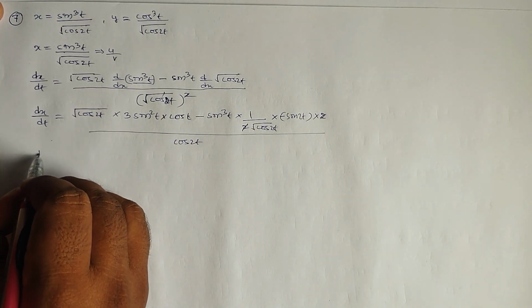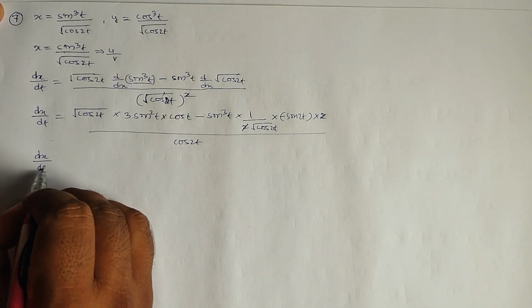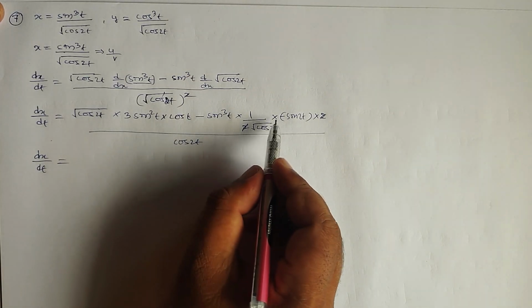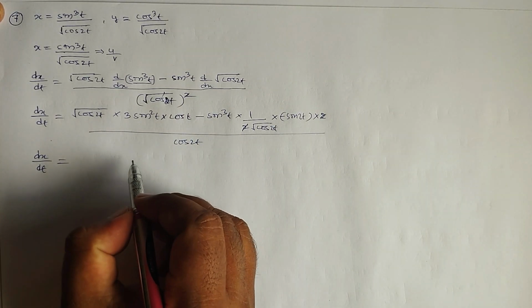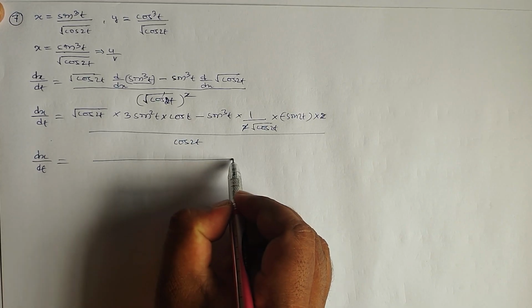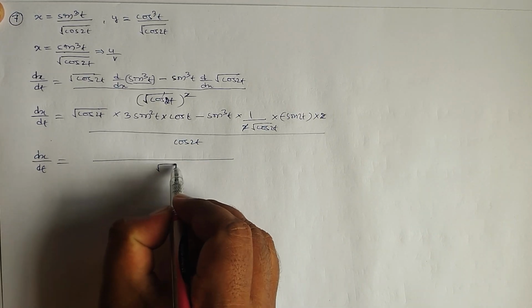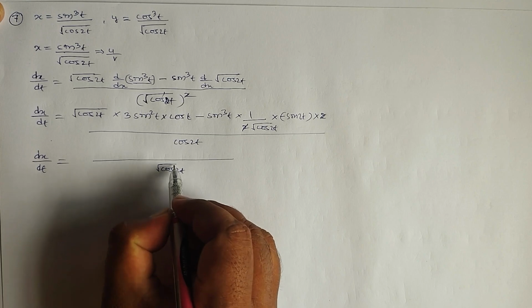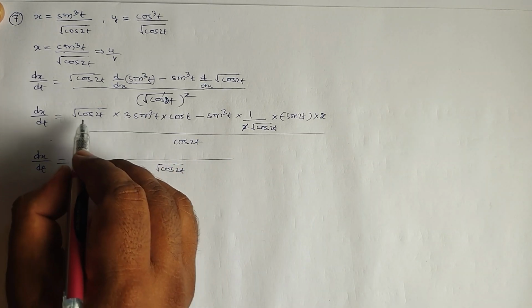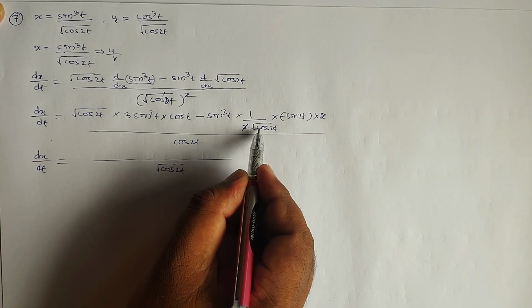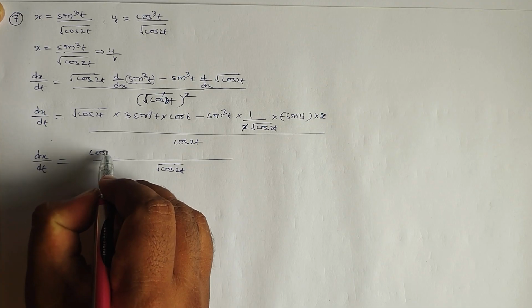Next, here the 2 becomes cancelled. dx by dt is equal to, okay, here root cos 2t is the LCM. Multiply this here: root cos 2t into root cos 2t becomes cos 2t.